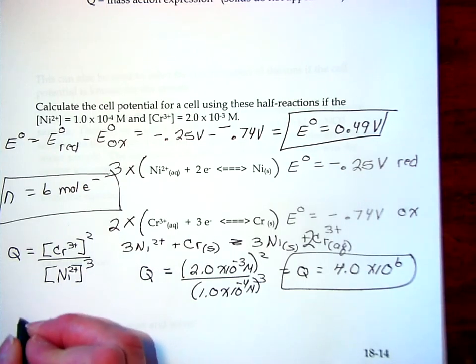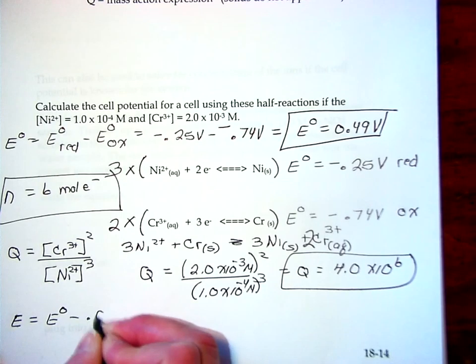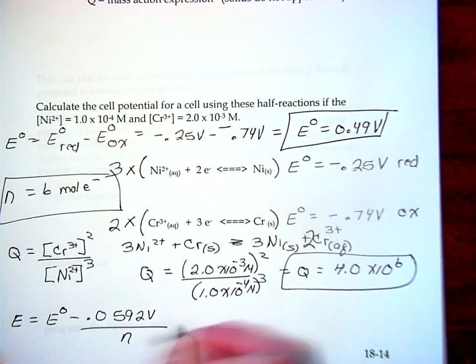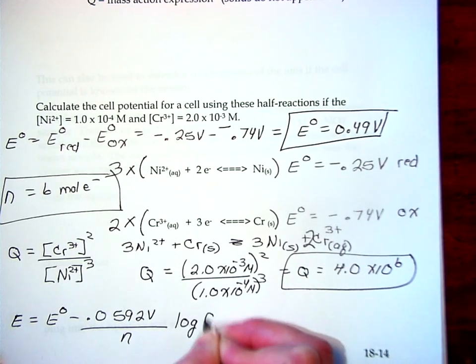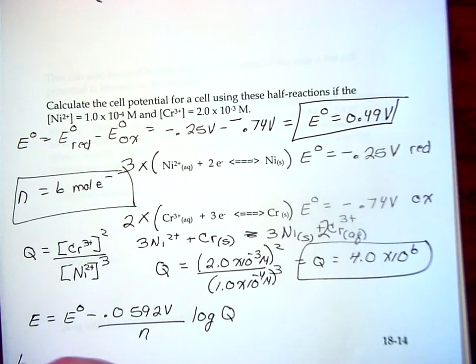So now we can plug in to the Nernst equation. E is equal to E0 minus 0.0592 volts divided by N times the log of Q. So we go ahead and plug our numbers in.